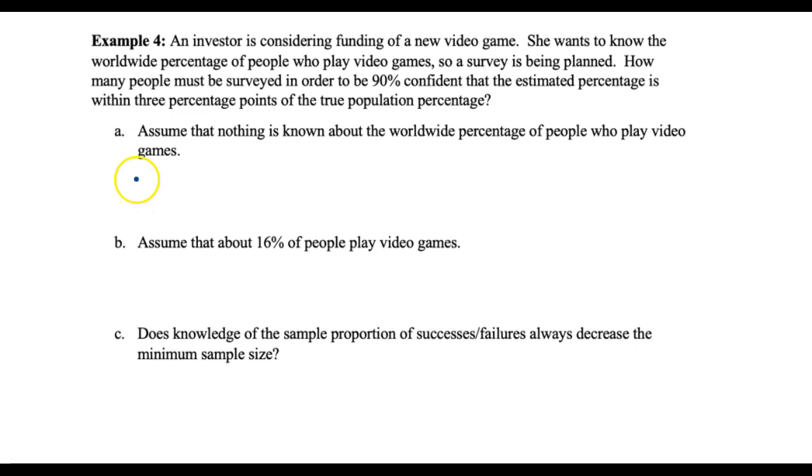Now we know that this formula, let's just start out there, is that n is equal to the critical value squared, times p hat, the successes, q hat, the failures, divided by the margin of error squared.